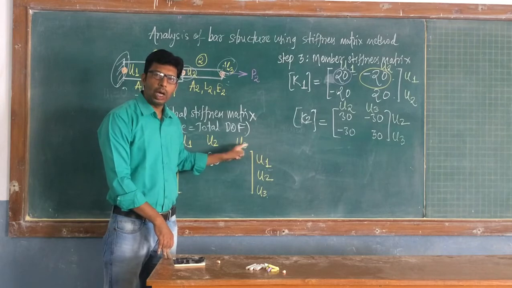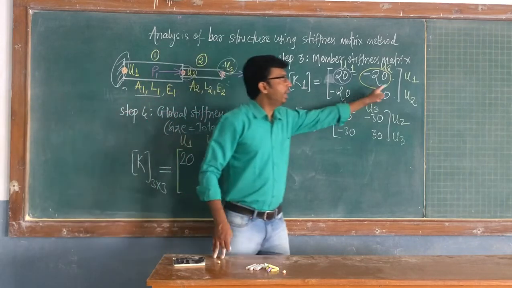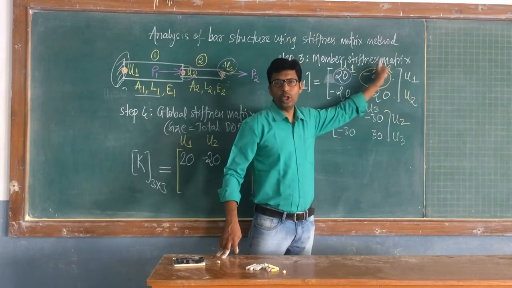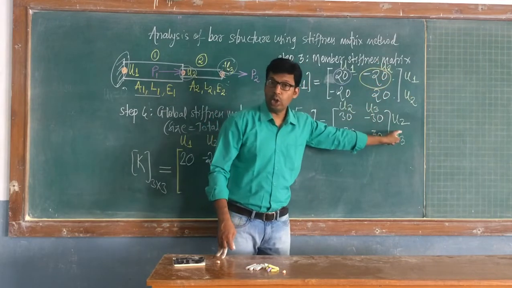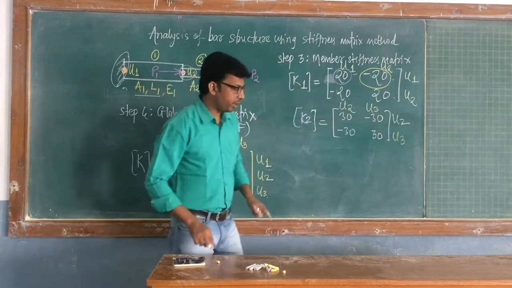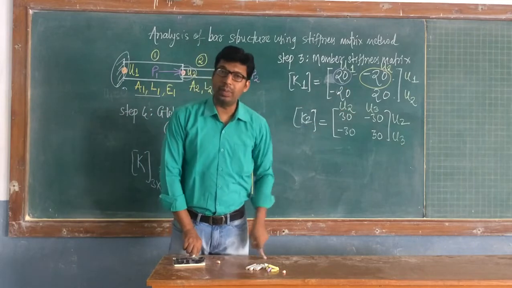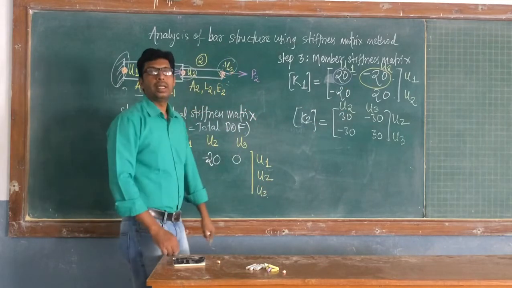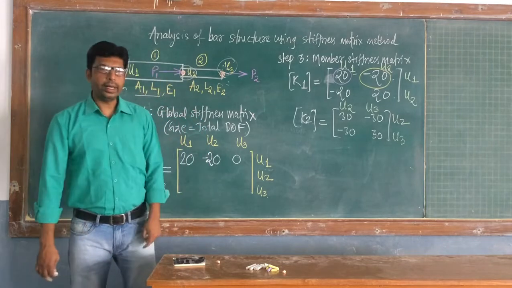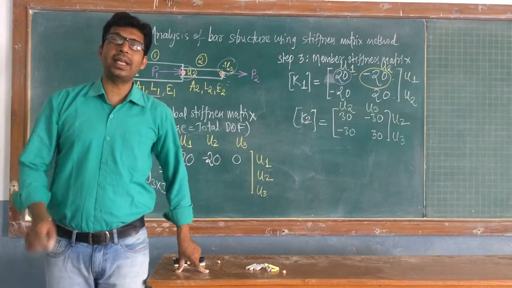Now third, U3 U1: column U3, row U1. There is U1 here, but no U3. There is U3 here, but no U1. It means the U3 U1 combination is not present in both matrices. So this element will be equal to 0. Right? This is the first row.